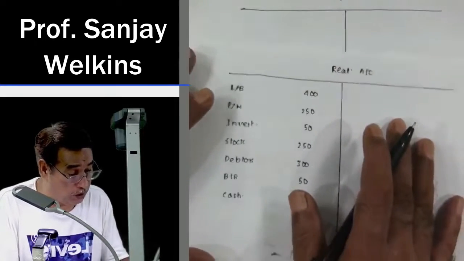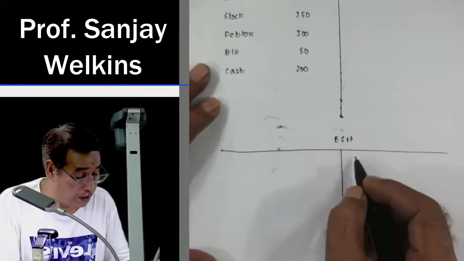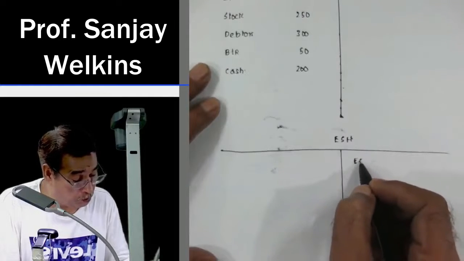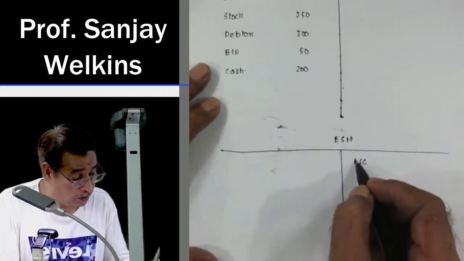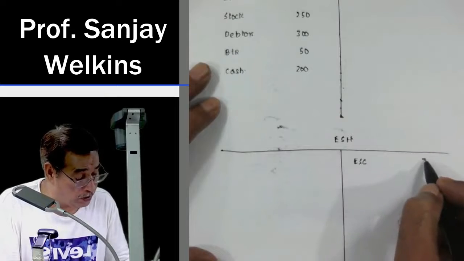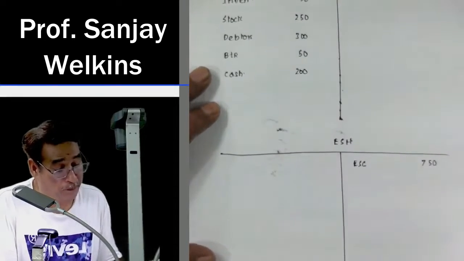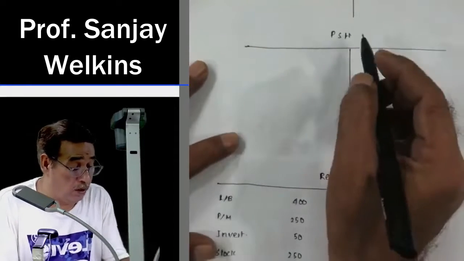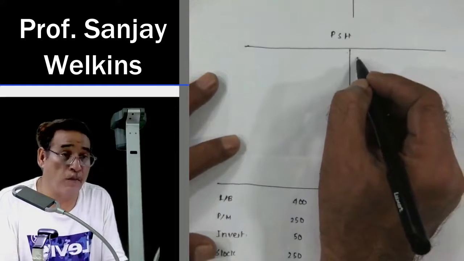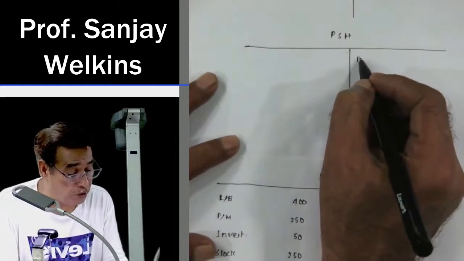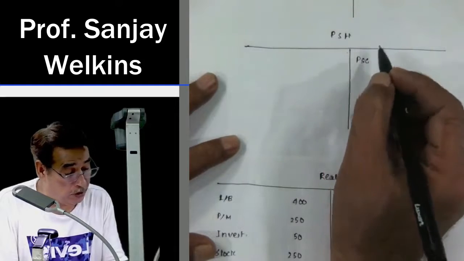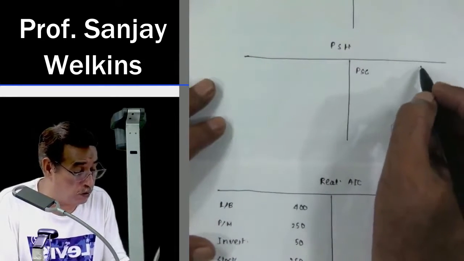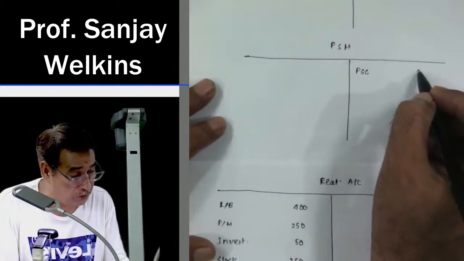Then we move over to the liability side. Equity share capital will be posted to the credit side of equity shareholder account, and it is 750 if you remember. And then we will write towards the credit side of preference shareholder by preference share capital, and if you remember, their preference share capital was 200 lakhs.